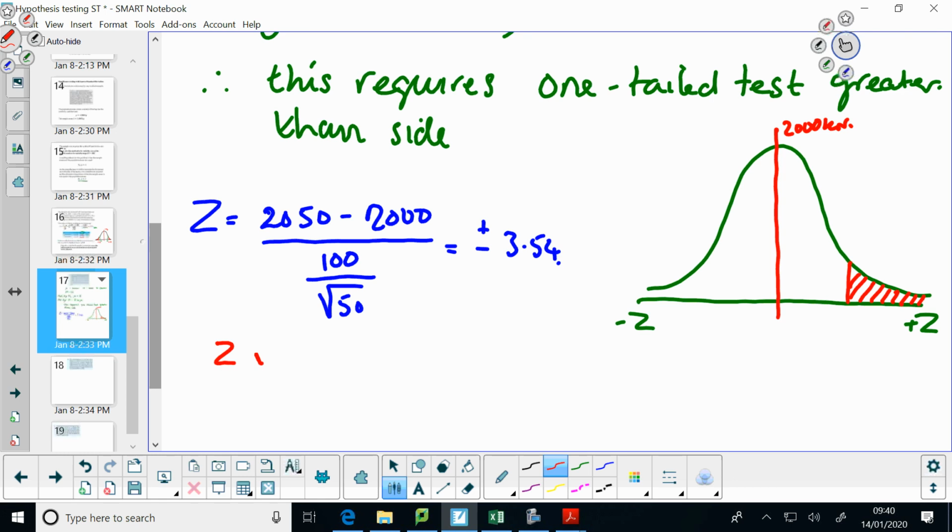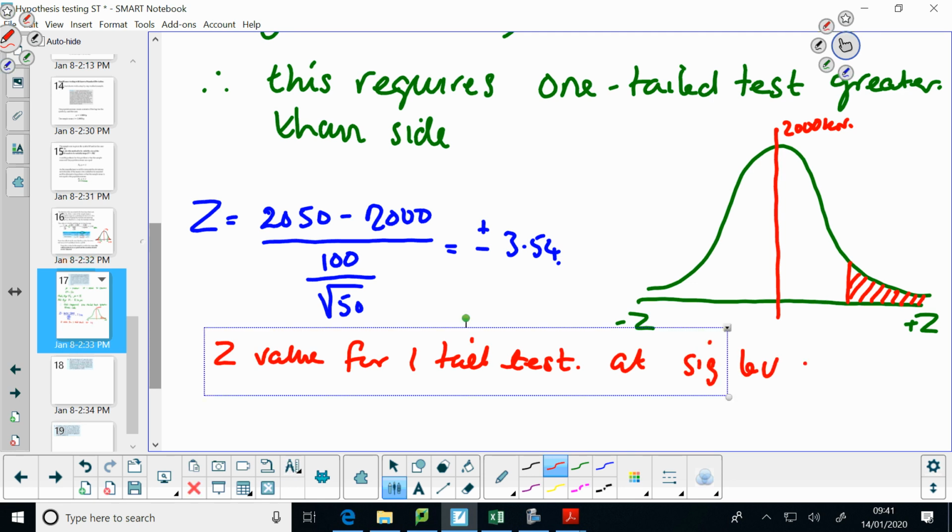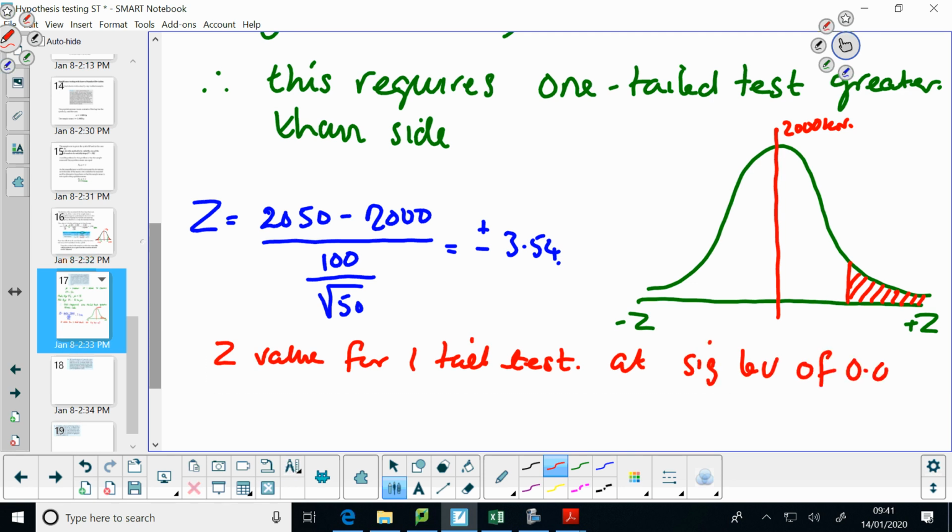Z value for a one-tail test at the significance level is, and I'm trying to show you here a way that you'd lay this problem out in an assignment question.